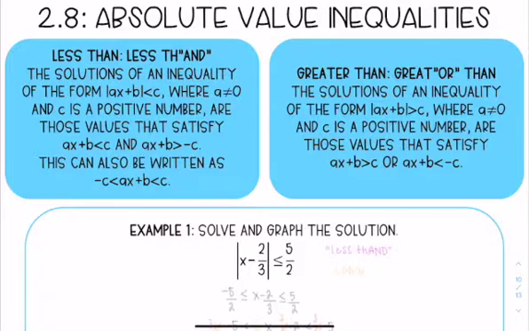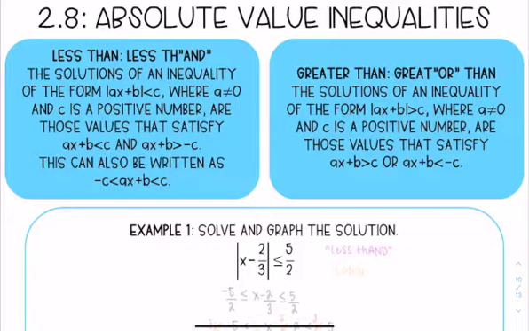So we flipped the sign and made the c negative, and we also just had the regular inequality without the absolute value bars. We can also write this as a compound inequality, as negative c is less than ax plus b, which is less than c.